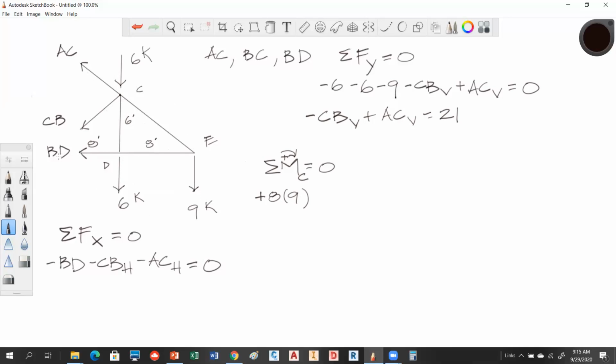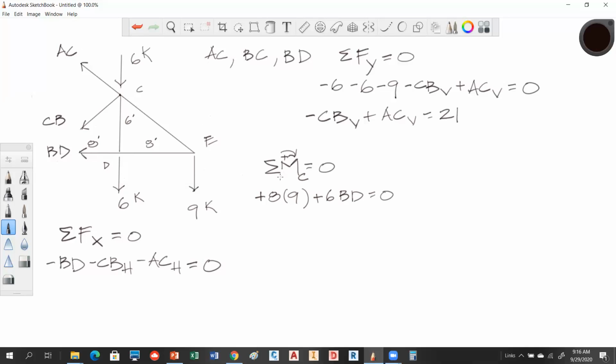So all we're left with is this BD, and this is 6 to his line of action, and he's also tending to turn this guy clockwise if I'm sitting there. So that will be a plus 6 BD. All of that has to equal 0.